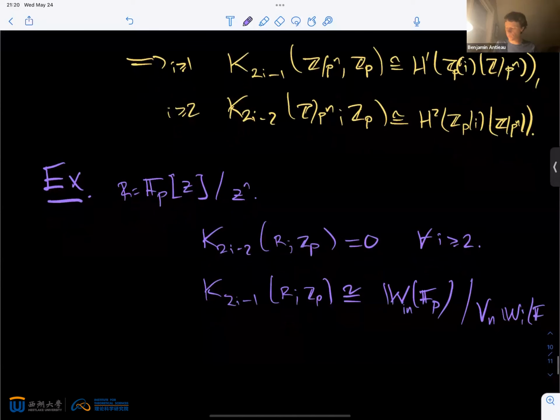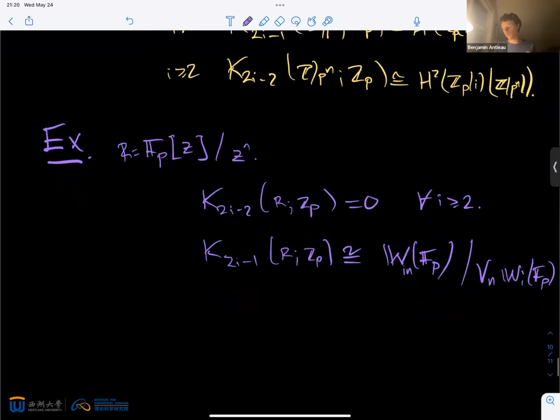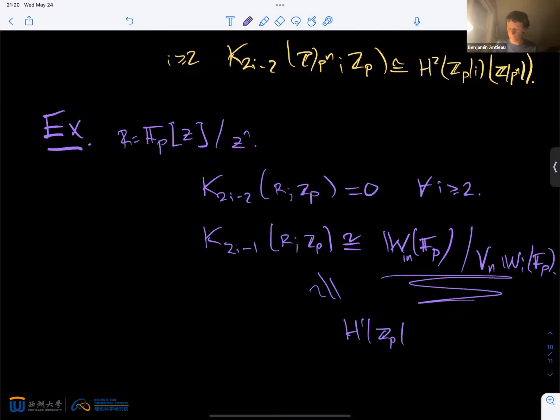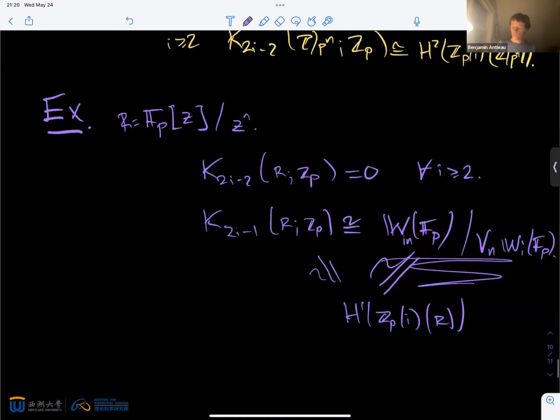Okay. But note, this is weird. This is like the big Witt vectors and not the p-typical ones. But my point just being that one way to actually compute this is to compute H1 of ZP I of this ring R. And this computation has been recently done by direct methods by Akil Matthew and Yuri Salima.